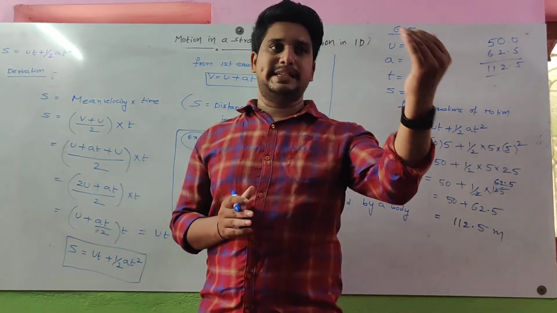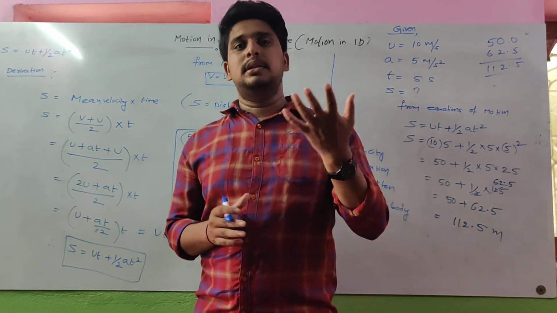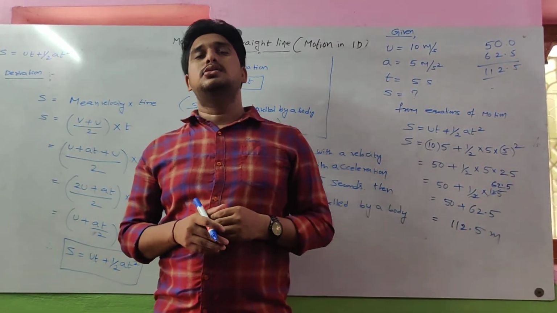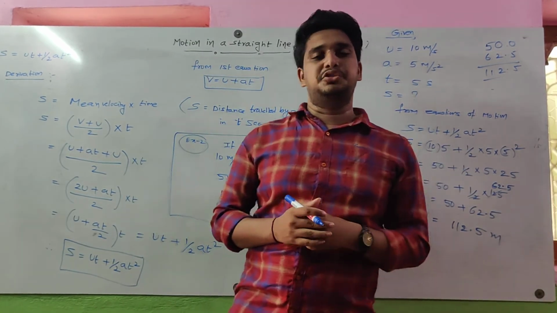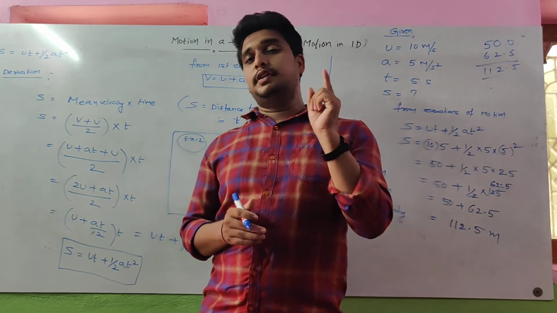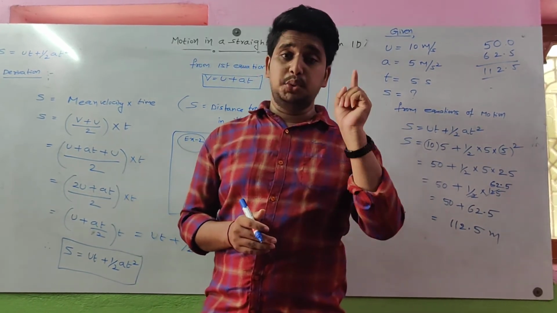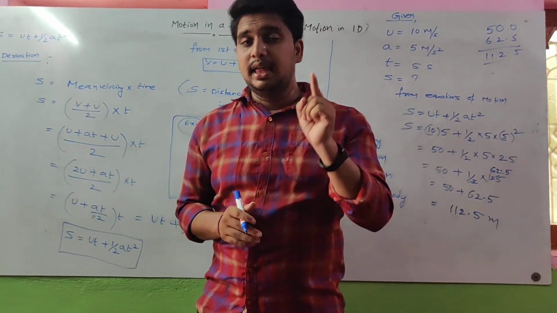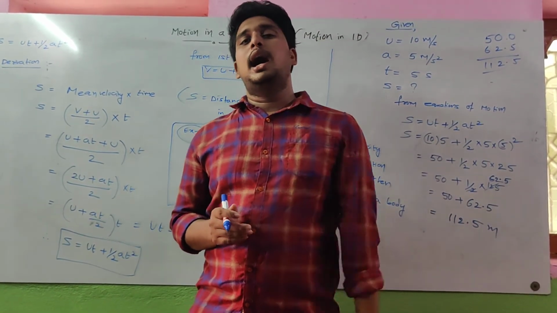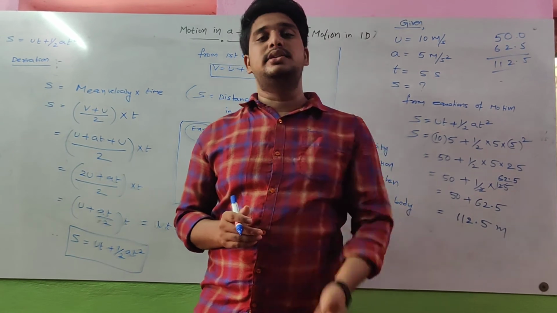From that we take the formula, substitute the values, and get the answer. Based upon the given parameters we should choose the equations of motion. One more thing: only if a body moves with uniformly accelerated motion are these equations of motion valid.